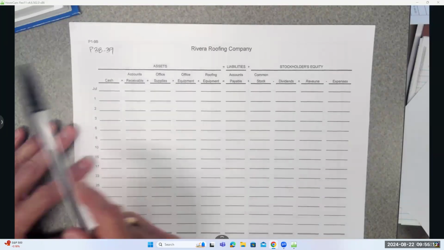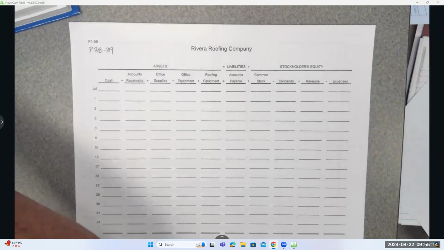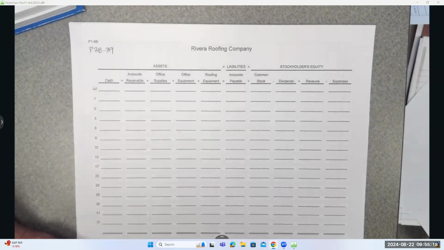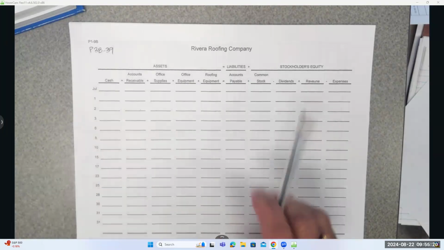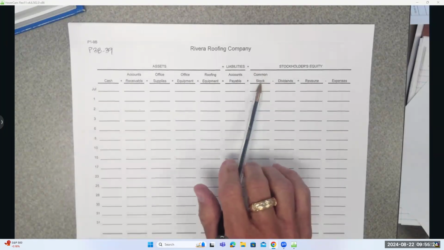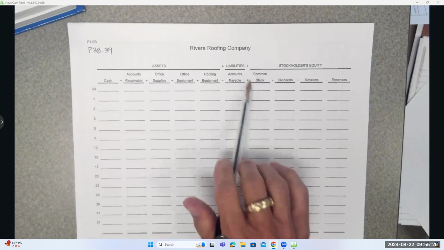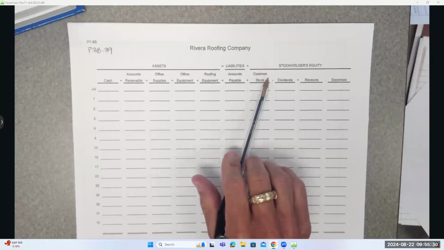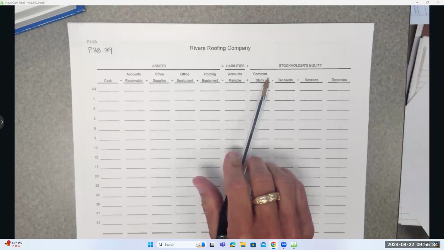In this case, we are a roofing company owned by Reina Rivera, but notice that doesn't matter as far as our accounts go. We don't have Rivera Capital because we are a corporation, so it is generic common stock, because it is a completely separate business, rules, laws, tax return from the owner because we are a corporation now.